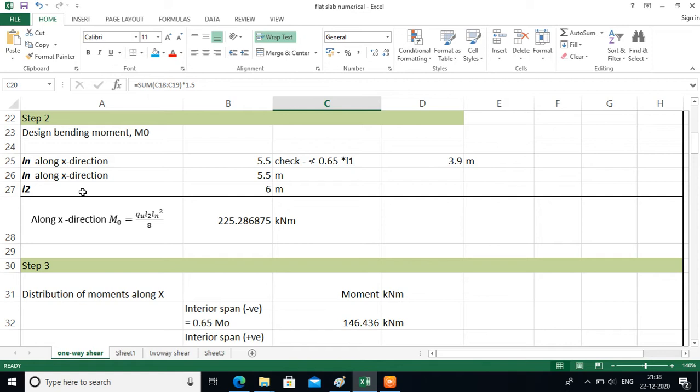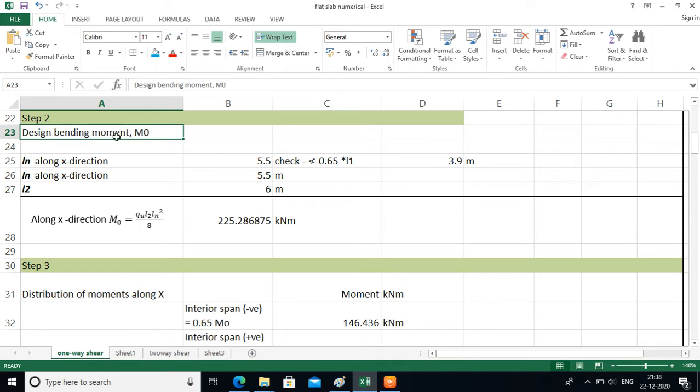For this analysis of PT flat slab we are going to use the direct design method, and from this direct design method in IS 456 2000 we have this concept of design bending moment M0.